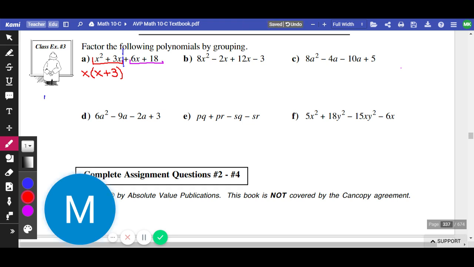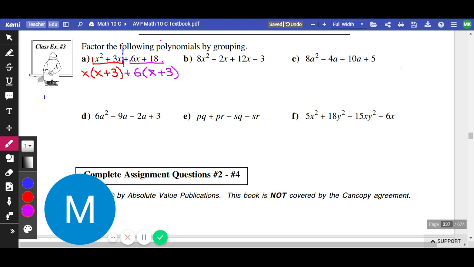If I look at the purple side, I could also take a GCF out. On the purple side, I could take out a plus 6, and I'm left with X plus 3.